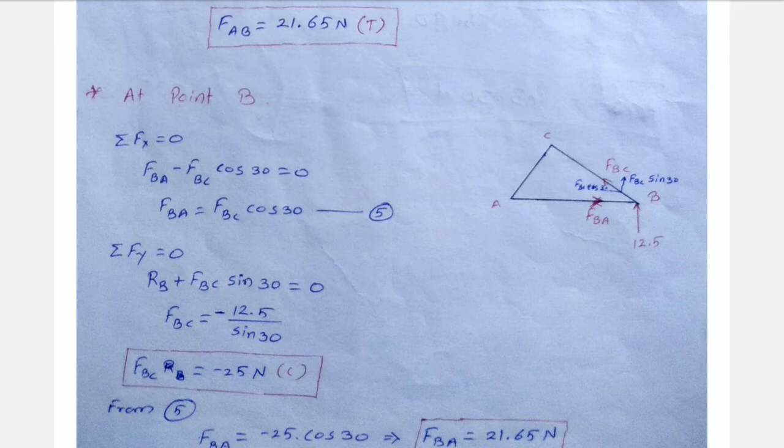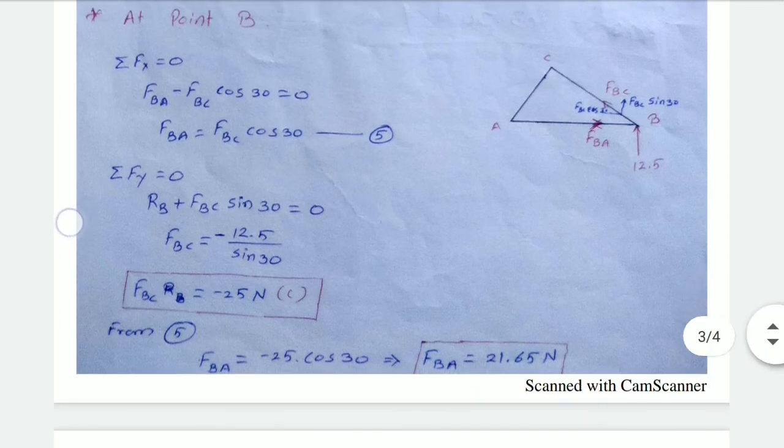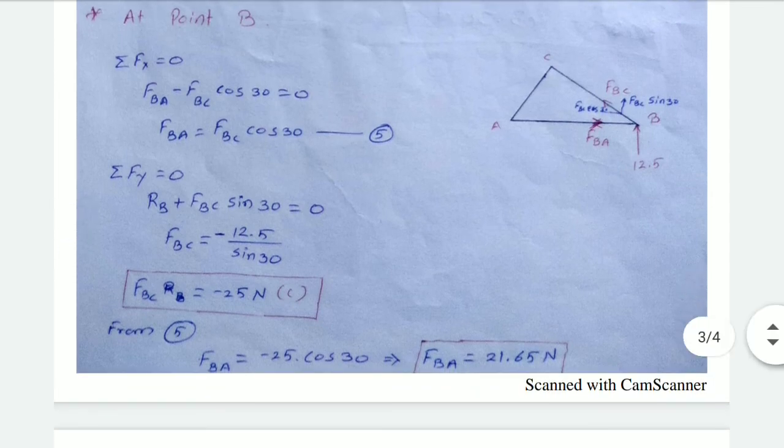Taking summation of Fx, the x-direction forces are FBA minus FBC cos 30, because both are in opposite directions, so FBA is equal to FBC cos 30. Summation of Fy: RB and FBC sin 30.